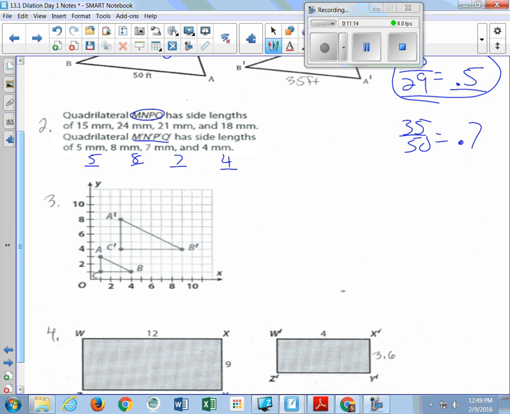They're in the same order: 15, 24, 21, and 18. 5 over 15, that's 1/3, 1/3, 1/3, 2/9. Are they all equal? No, this one is not. So not a dilation.